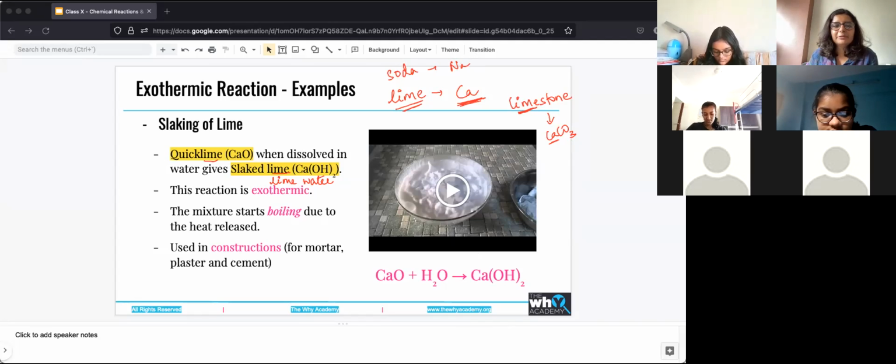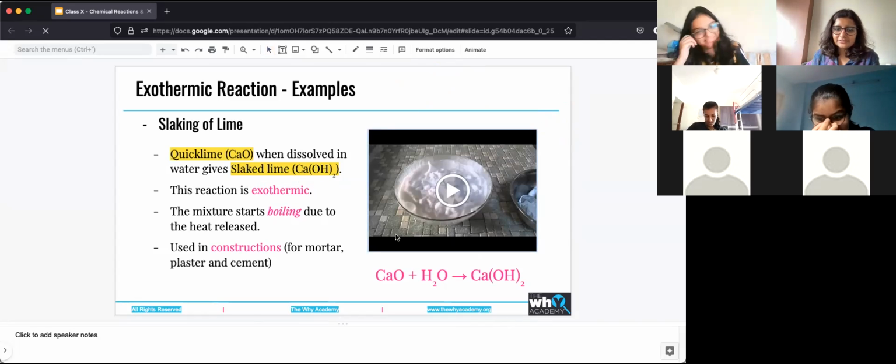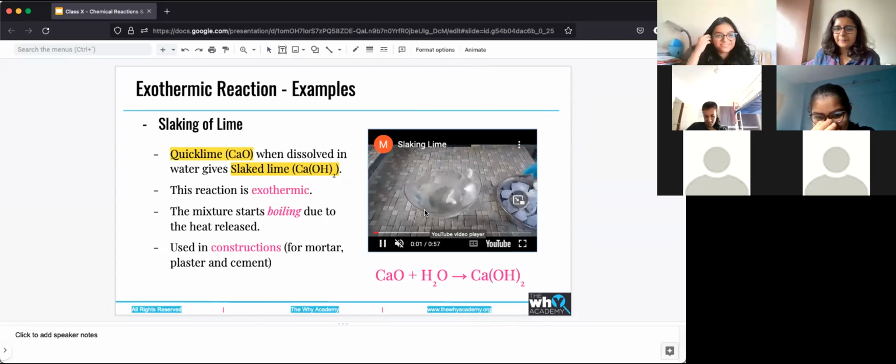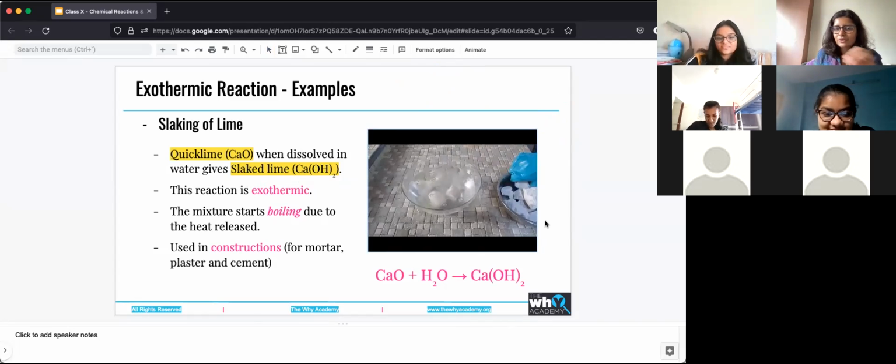Okay, coming back to this lime equation: quicklime CaO when dissolved in water, chuna plus pani, gives you chuna pani, lime water, calcium hydroxide. You can see a bowl of water, and he's putting the quicklime rocks in it.